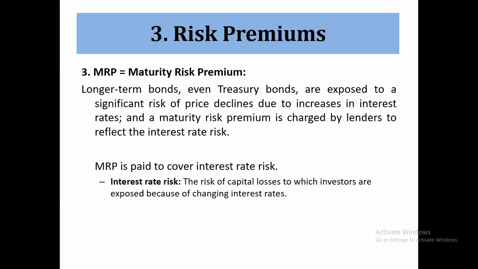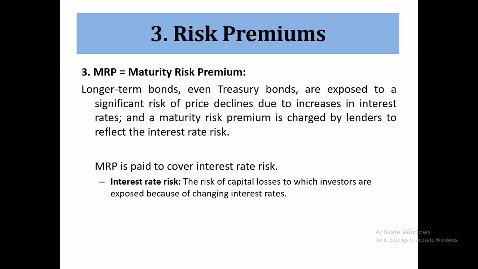So over the time period, interest rates are dynamic and volatile, and they change. So when there is a longer maturity time period, at that time you will charge a higher maturity risk premium. If the maturity time period is short for the security, then your MRP will decrease. So MRP is paid to cover interest rate risk.